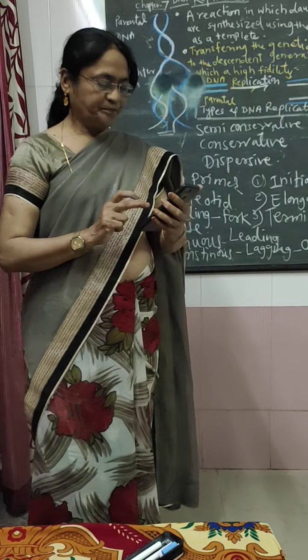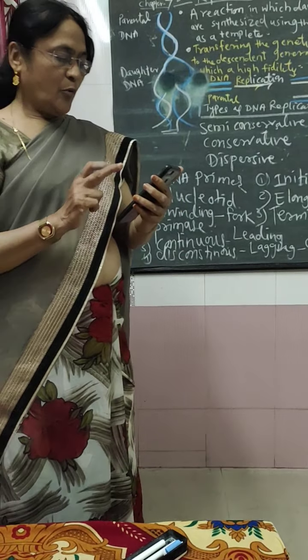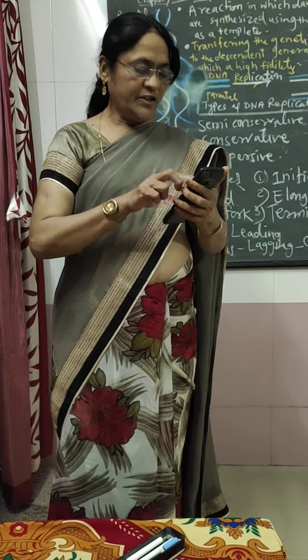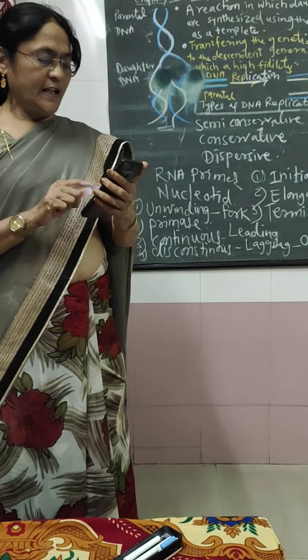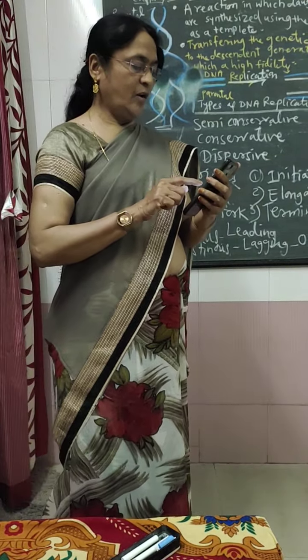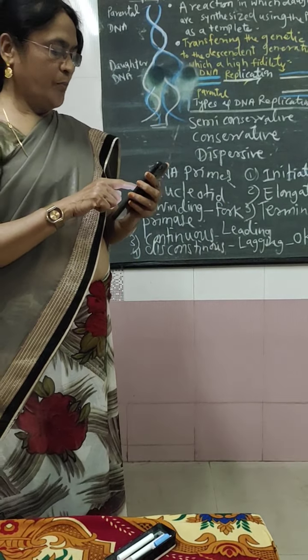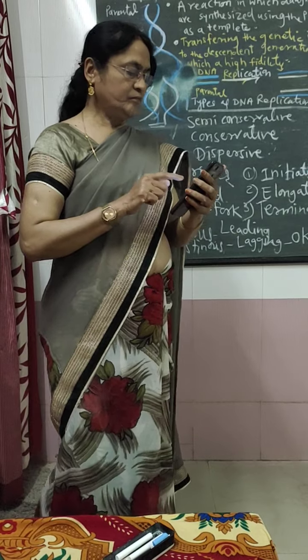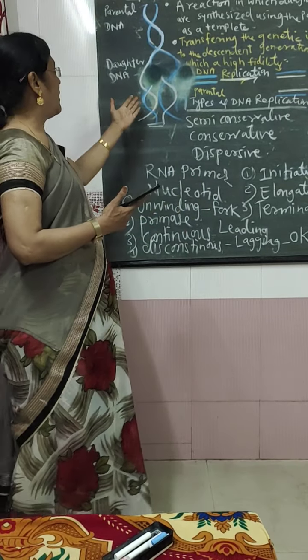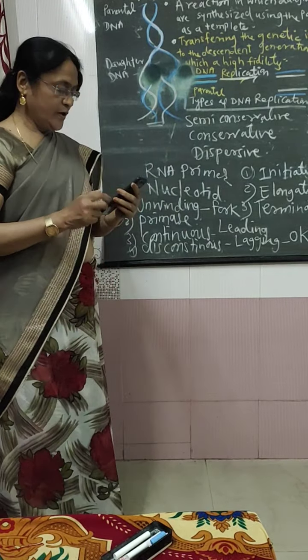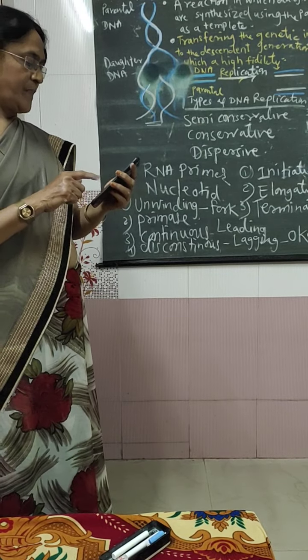In short, what are the features of DNA replication? DNA replication begins with the unwinding of the two anti-parallel complementary strands, and these complementary strands are formed into new strands.